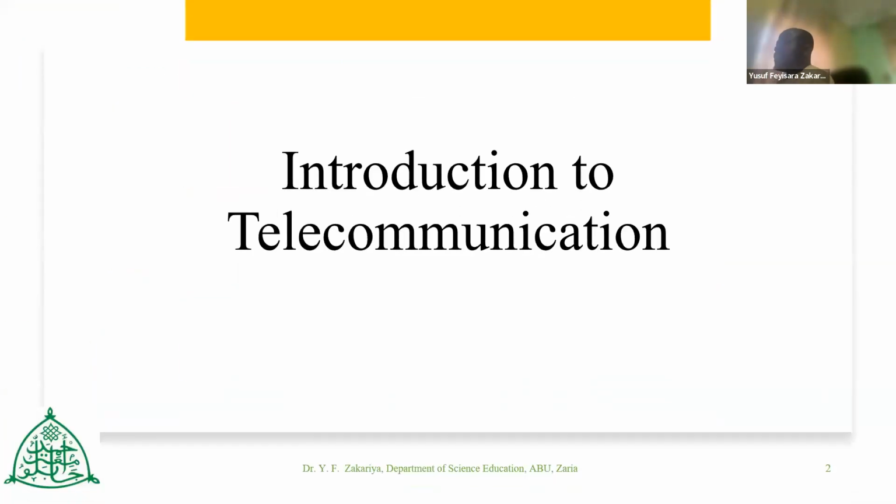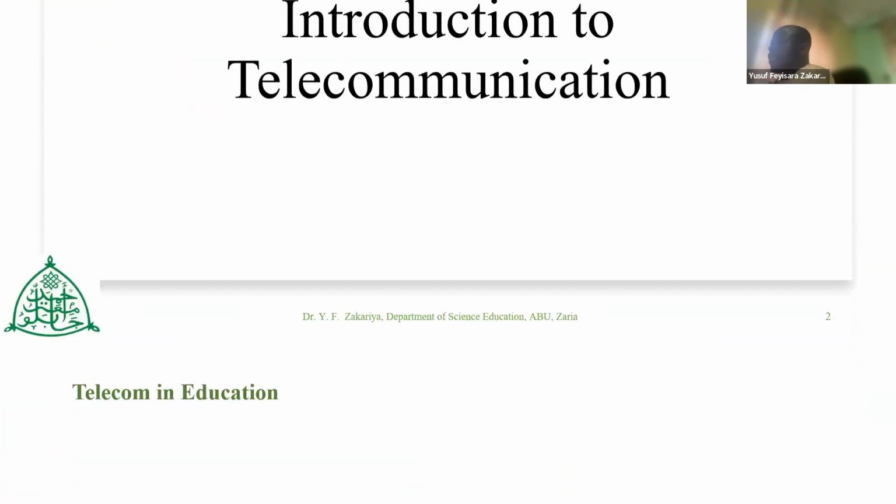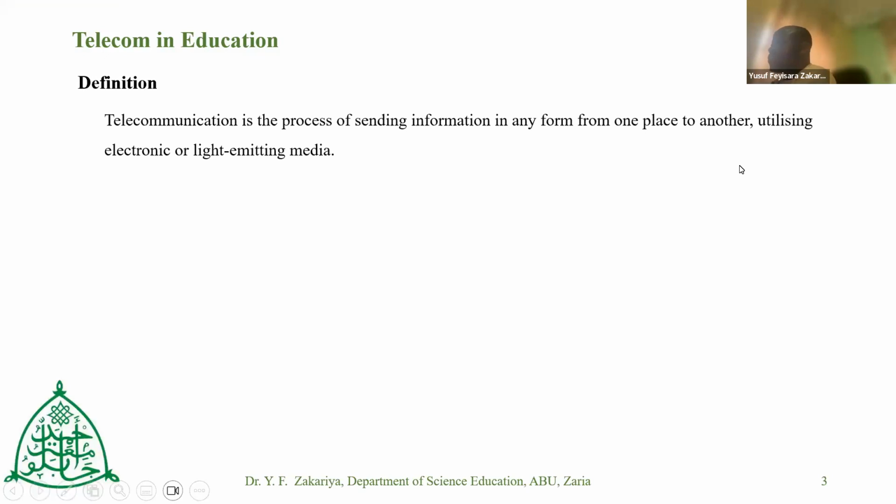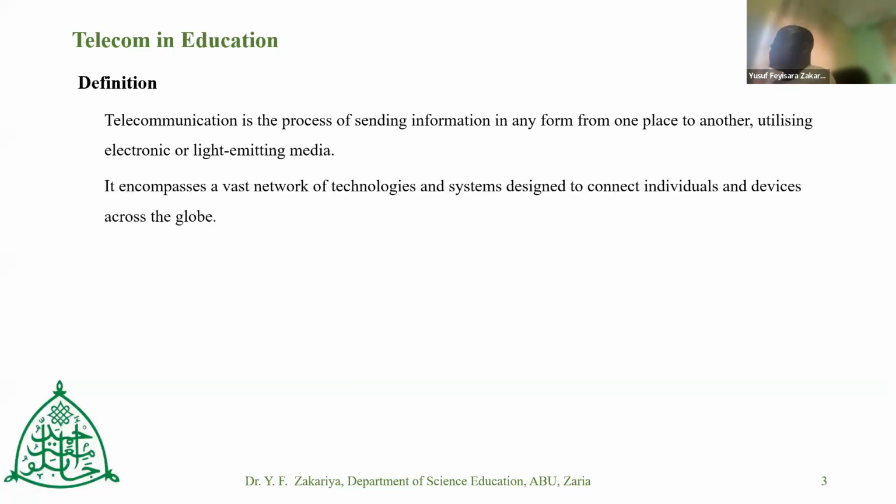So today, just a recap of what we did in our last class: we defined telecommunication in education. Our definition encompasses the fact that telecommunication is a process of sending information in any form from one place to another, utilizing electronic or light emitting media.